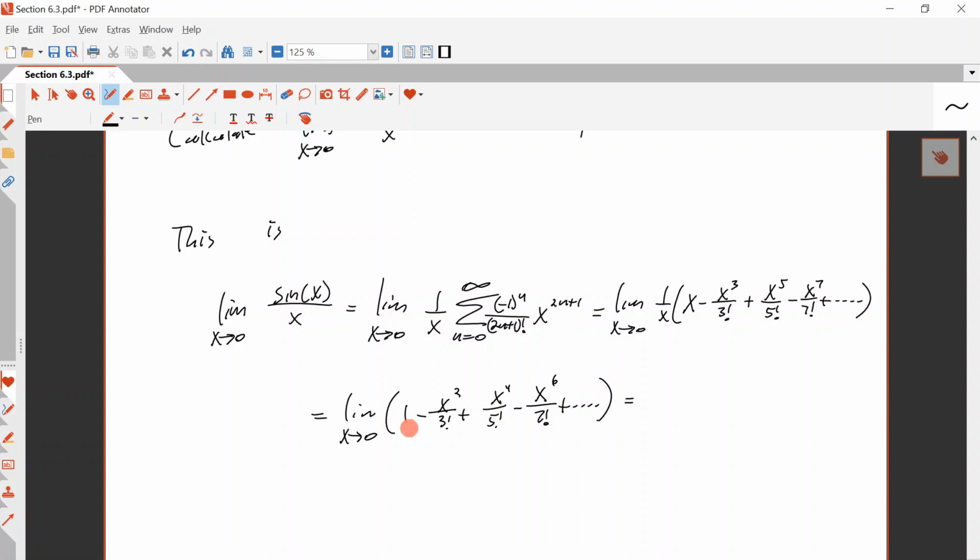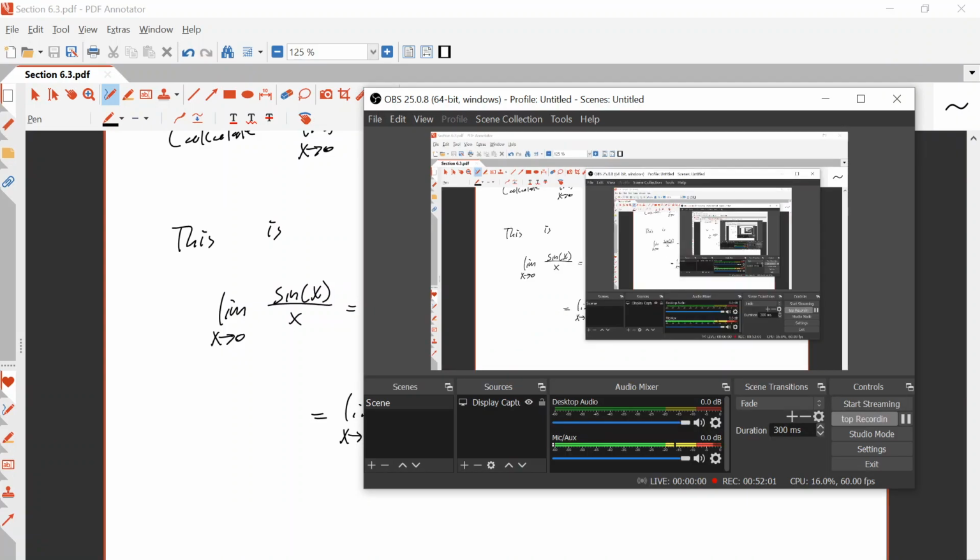So you just get 1. So that gives you a new way of looking at some of these limits that had 0 over 0 forms or infinity over infinity forms, using these Taylor series. Okay? So that's the end of the lecture for this section.